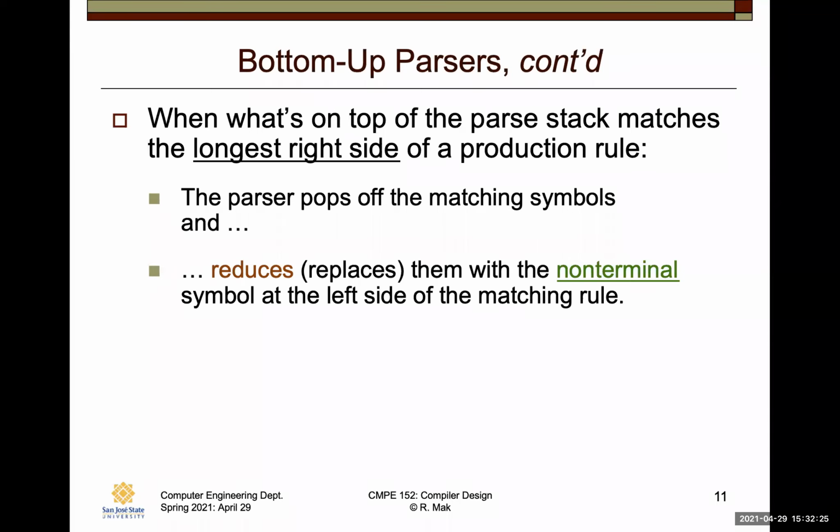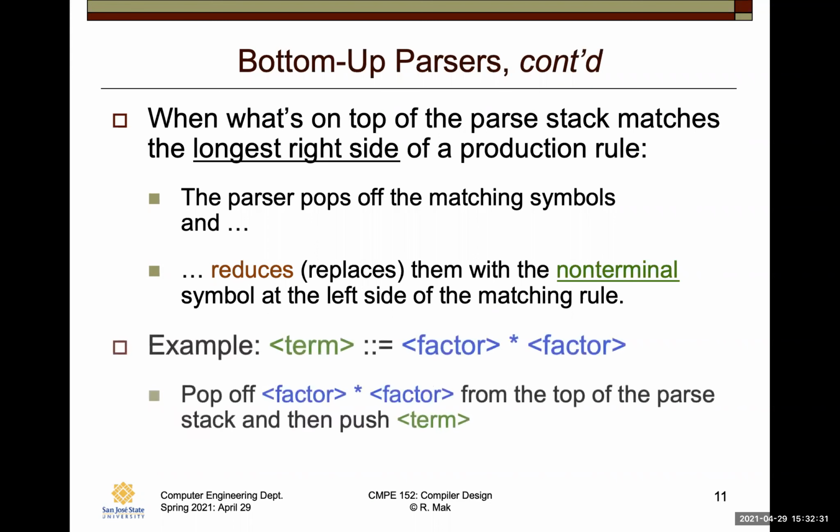Well, that's certainly a very different approach to parsing. Here's an example. Here's a grammar rule. We're still using a context-free grammar. The rule: a term is a factor times a factor.